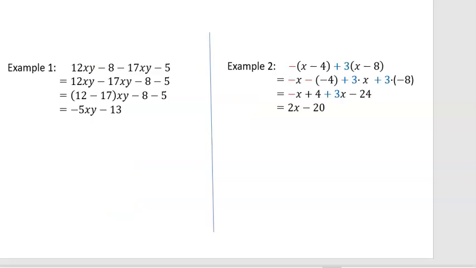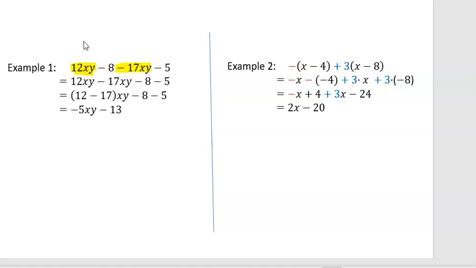Now we're going to use the distributive property to simplify algebraic expressions. In the first one here, we have 12xy minus 8 minus 17xy minus 5. When we look at the problem, the first step is to find like terms. Like terms means they look alike.